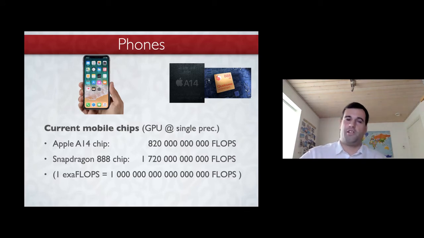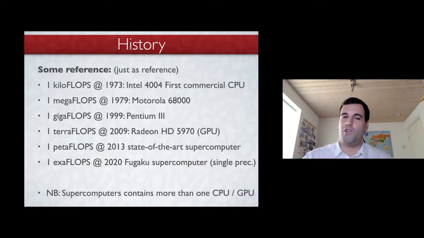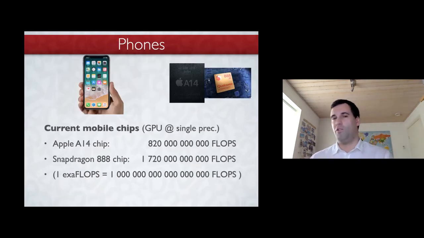Nevertheless, an exaflop is still 1 million more. But if you go back to the history overview, teraflops were supercomputers about 20 to 30 years ago. So right now, our phones have the same computing power as supercomputers had about 15 to 20 years ago.